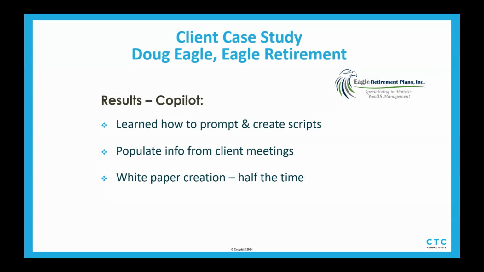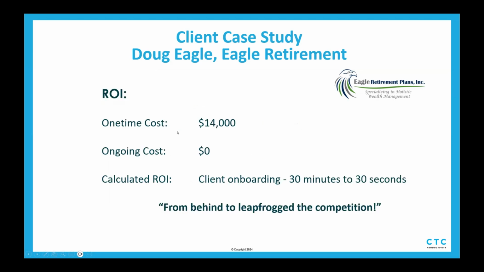They used Copilot to help populate notes from client meetings. And then one of the big things that Doug was excited about is he likes to write white papers. And so he would bring documents into the Microsoft 365 environment so Copilot could leverage that data. And he was creating white papers in half the time that it took before by leveraging Copilot. So some cool stuff there.